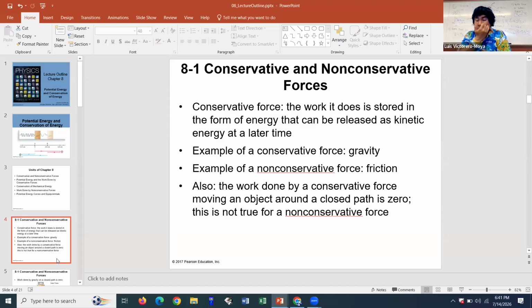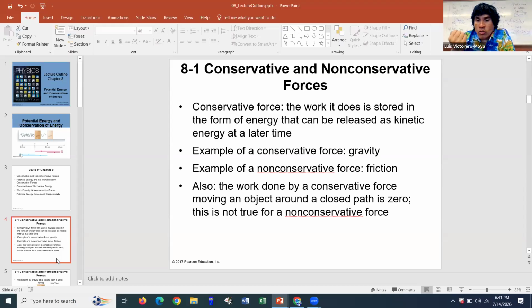I showed you that today at the beginning of class. Now, when the mass is dropped, you know from kinematics it's going to gain some speed. Where is that speed coming from? It is because of the acceleration of gravity. In this chapter, you can also think about it as energy. The potential energy at the beginning is converted into kinetic energy as the mass is dropped and reaches the ground.